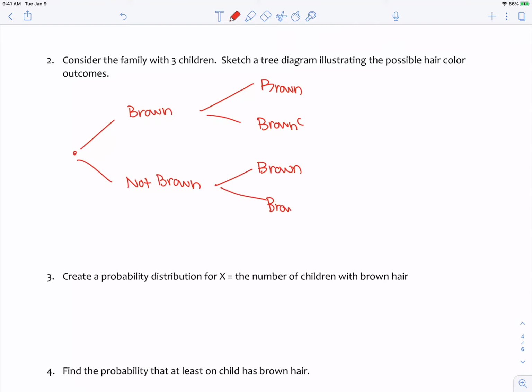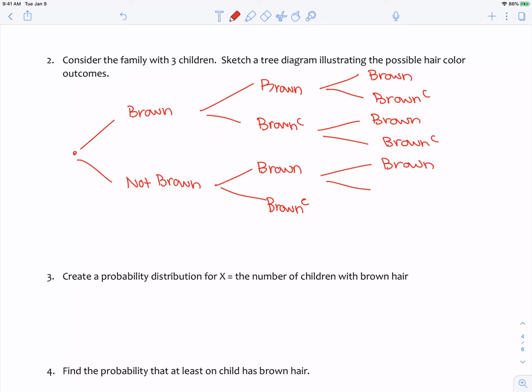And then you have the third child, brown hair, not brown hair, for each of those. Okay, so there's our tree with the possible outcomes.